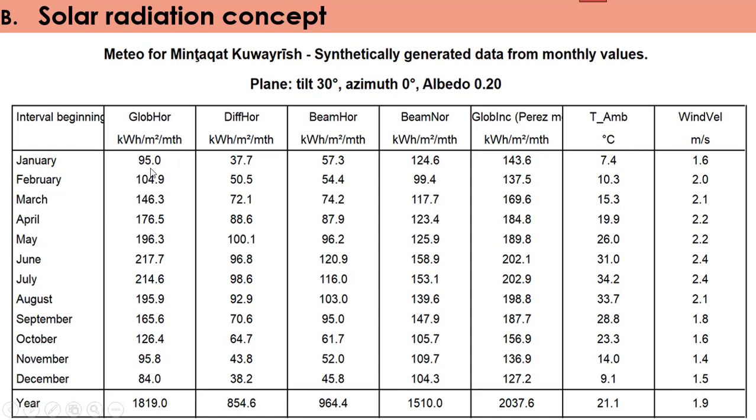This represents the monthly value measured in kilowatt hour per meter squared per month, and the diffuse horizontal irradiation also.